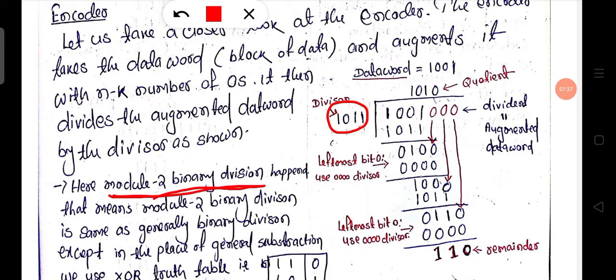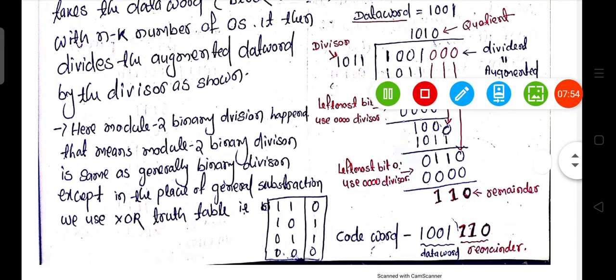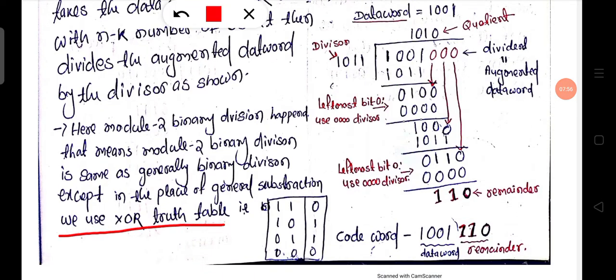It is the same as general binary division, except that in place of general subtraction we use the XOR truth table. What is the XOR truth table? When two bits are the same, 1 1 or 0 0, then we get output 0.